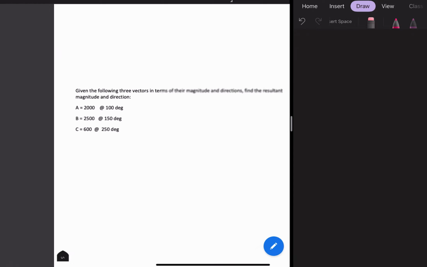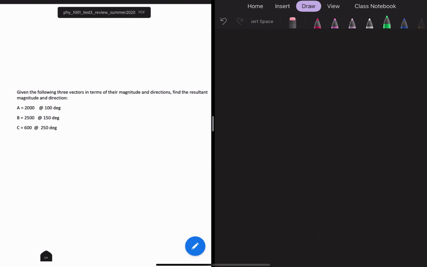So go ahead and pause, try to solve this one, and when you're ready, unpause. Alright, so let's try to solve this. You have three vectors. Since this is more practice, I'm just going to always start off with the table, with your x components and your y components.